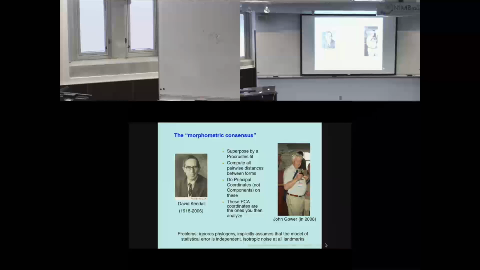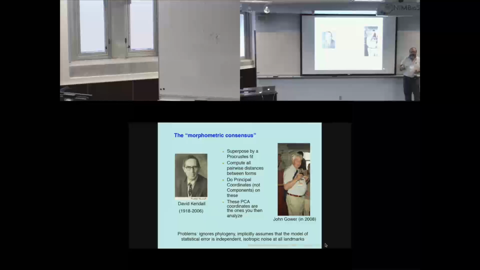So you compute all pairwise distances between forms. And now you have this bunch of distances. And the interesting thing that the morphometric consensus does, at that point, it sets aside the data and just takes these distances. It computes principal components for the distances.